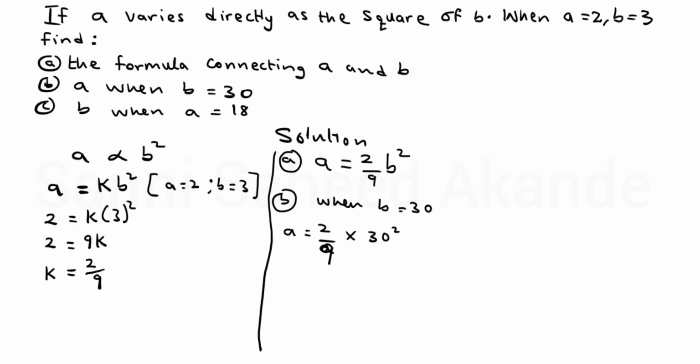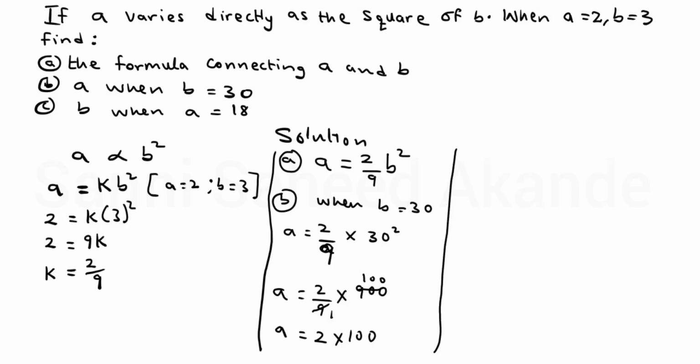So A is equal to 2 over 9 times 30 squared, which is 900. So 9 goes into 9 one time, and 9 goes into 900, that is 100. So we now have A equal to 2 times 100, and 2 times 100 will give us 200. So that is the value of A when B is equal to 30.